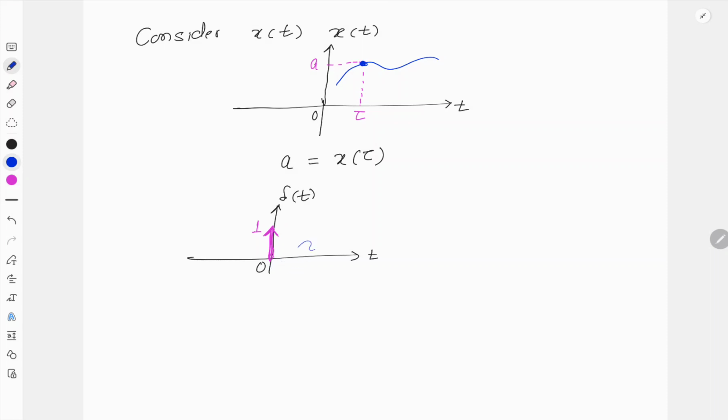Instead of this impulse function occurring at origin, I need to shift it further to time equal to tau. Therefore, this signal will be converted into a new function, which will be the shifted version of my impulse function.